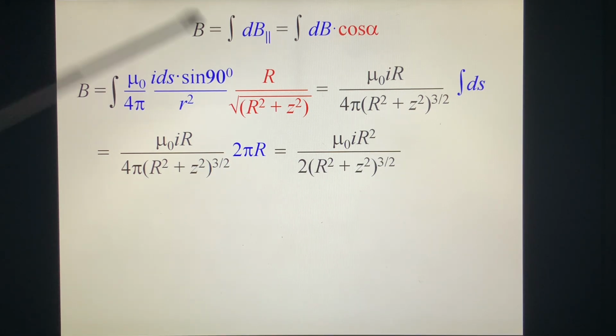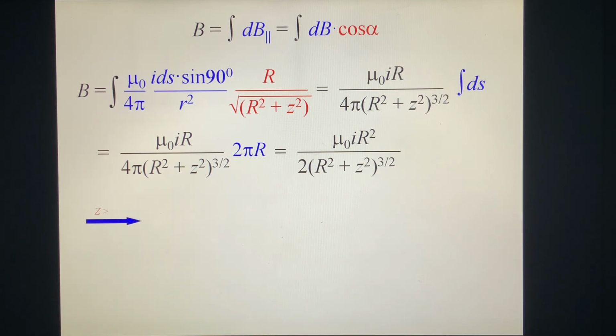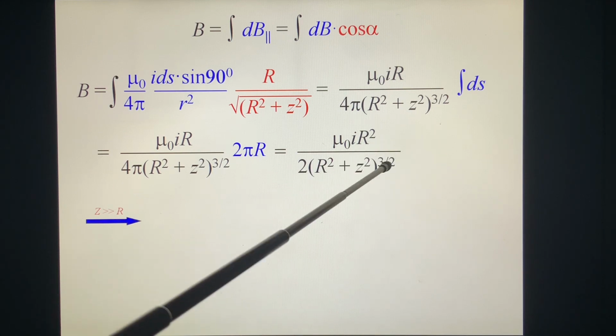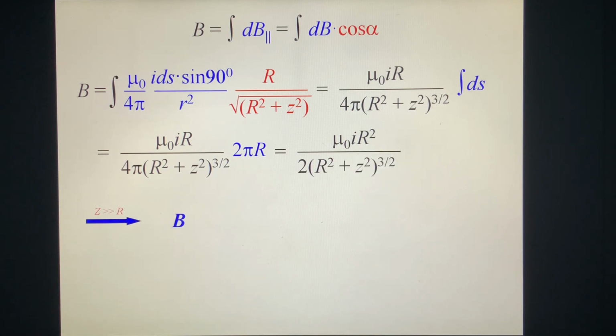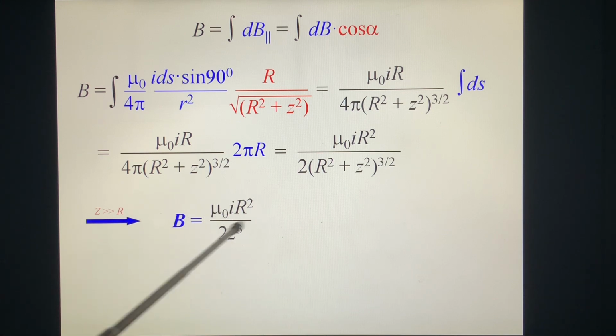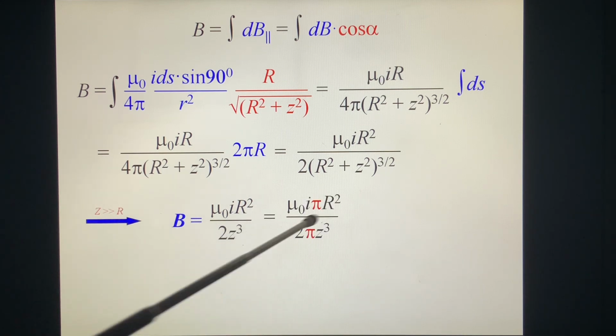If z is much, much larger than R, we drop the R squared, and z squared to the 3 over 2 becomes z cubed. So B equals mu 0 I R squared over 2 z cubed. We rewrite it by putting pi up and down, and pi R squared is the area of the coil.